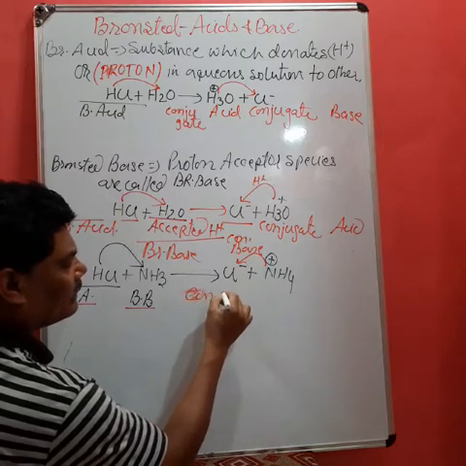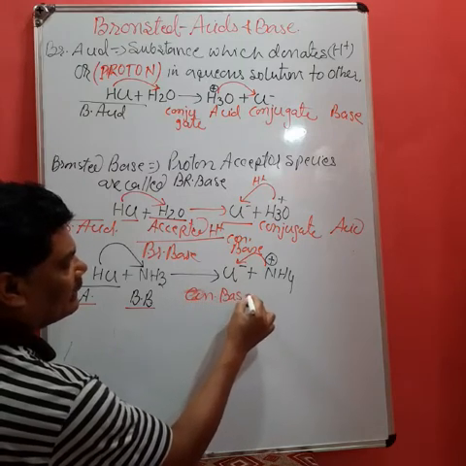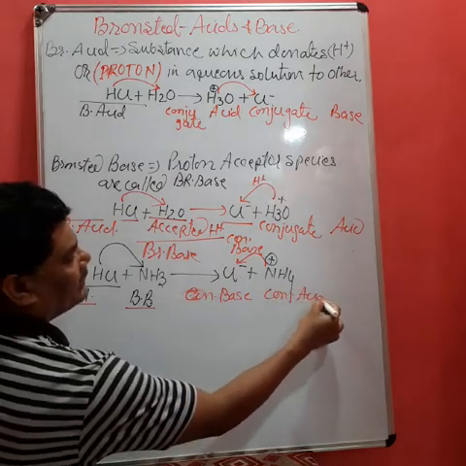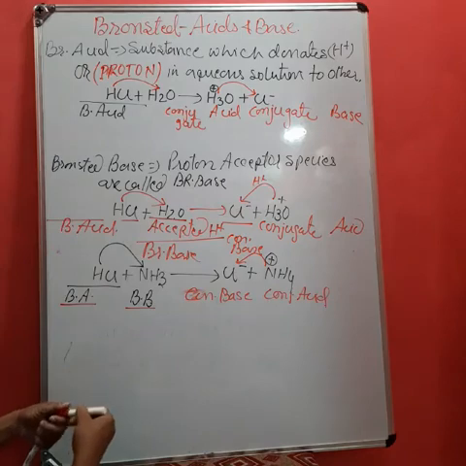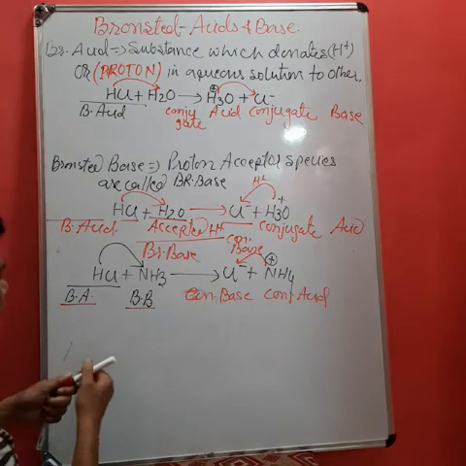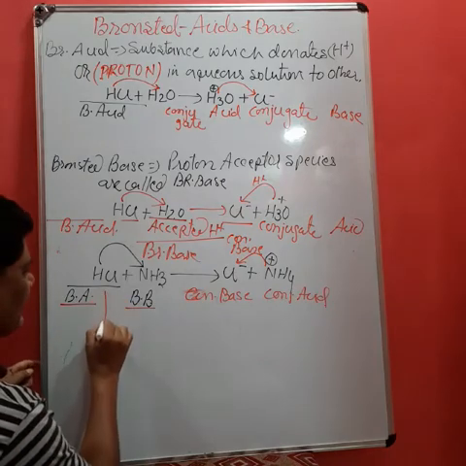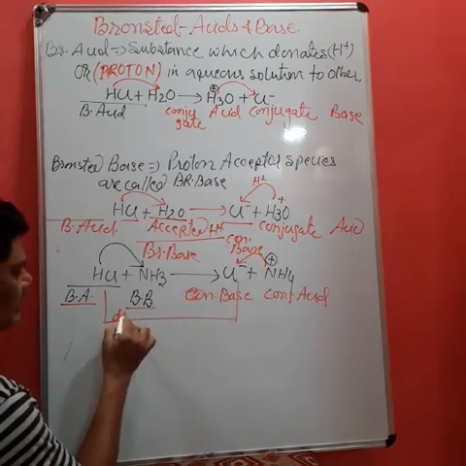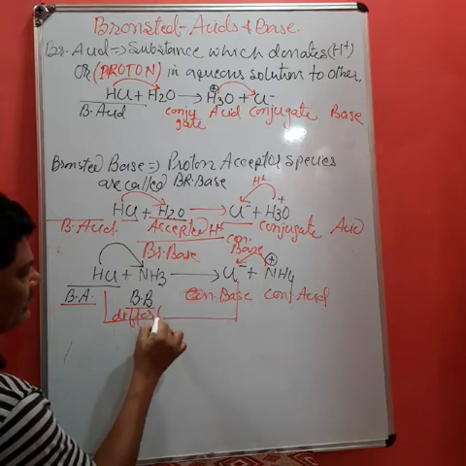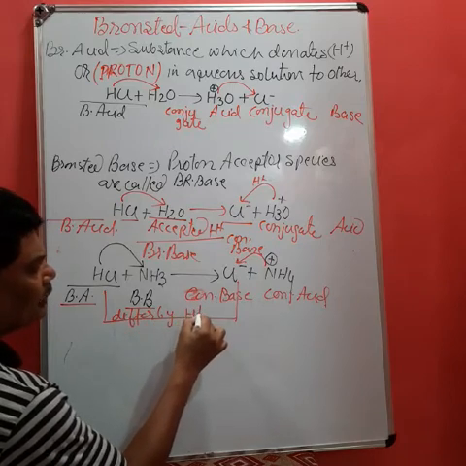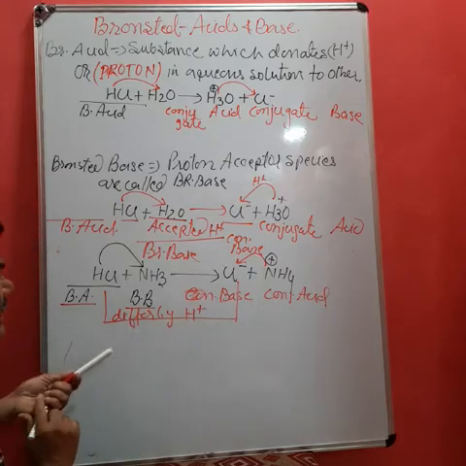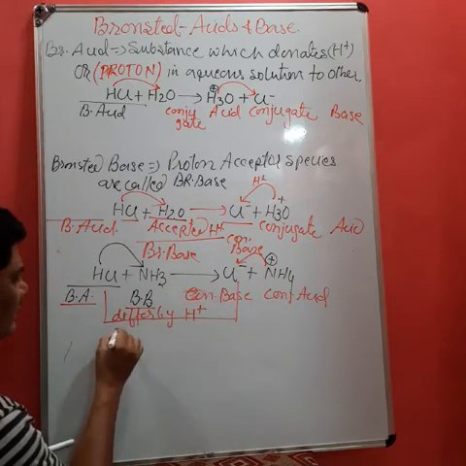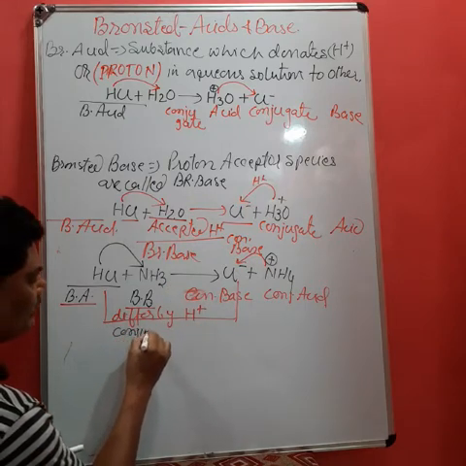Now between HCl and Cl anion, look, they differ by proton only. Such pairs of species which differ by H cation are called a conjugate pair.